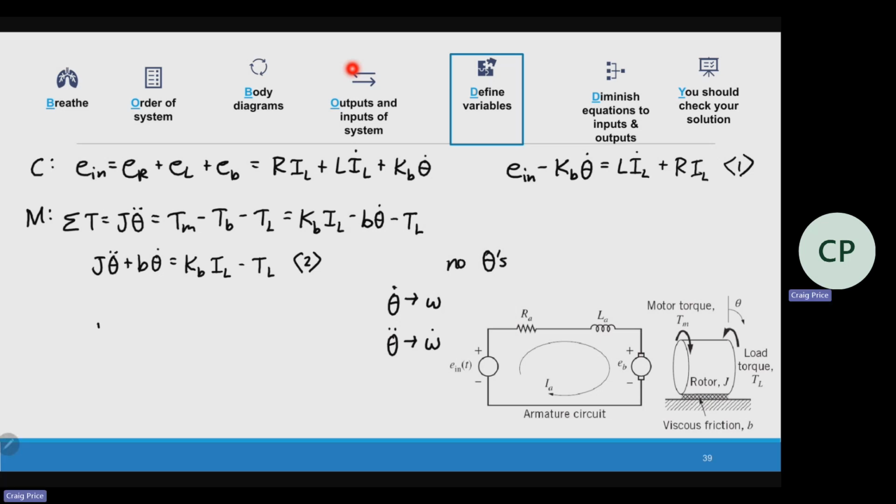So we can change this equation to J omega dot plus B omega equals this. That takes it to a first order equation. And then we can do the same thing for this one, substituting in just omega for the speed.